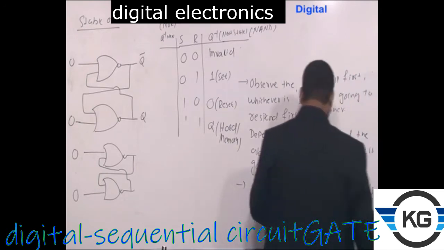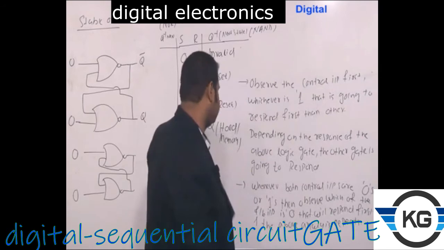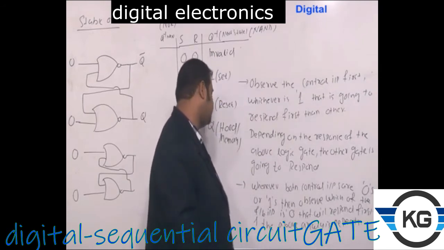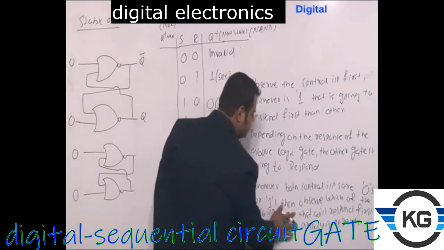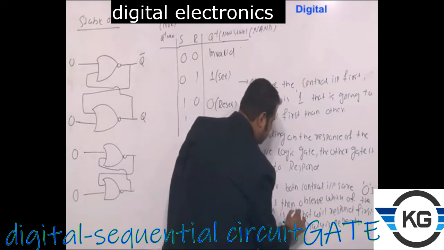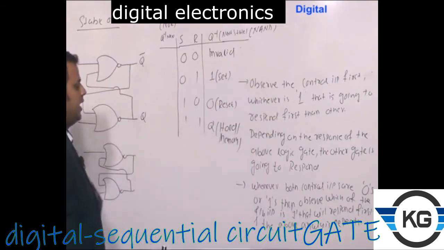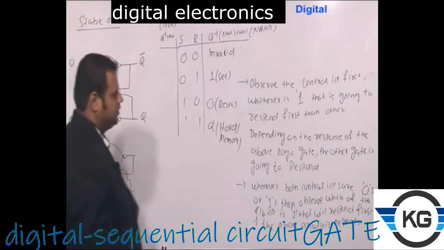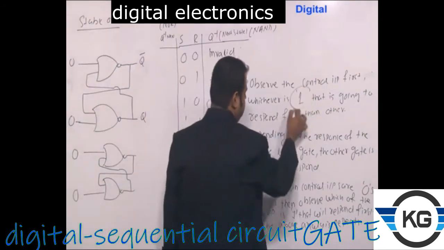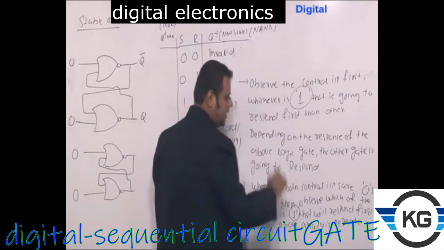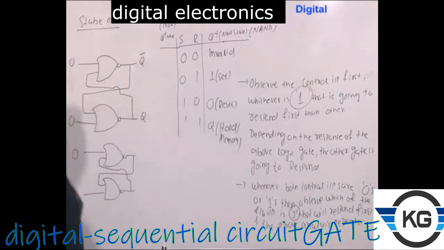Whenever both control inputs are 0 or 1, observe which of the feedback inputs is 1. That will respond first, and the above analysis repeats. So here I have made a change, and here also I am making a change. Which was earlier 0, I have made this 1.